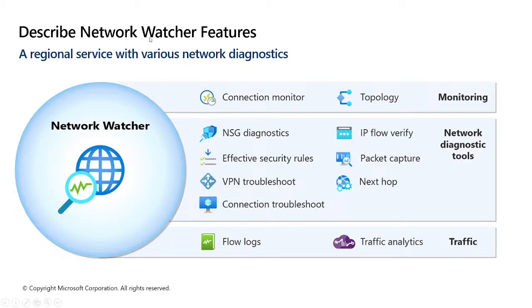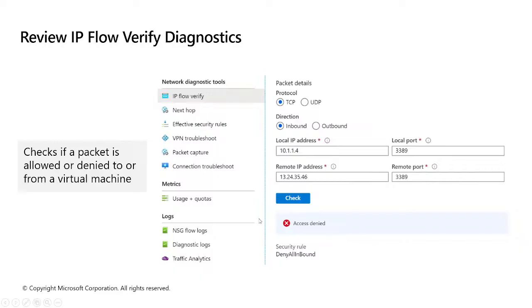That's what it's being used for. So, let's review the IP flow verifier. Everything comes under the network diagnosis tools: the IP flow, the next hop, effective security rule, VPN troubleshoot, connection troubleshoot, packet capture, and the likes.